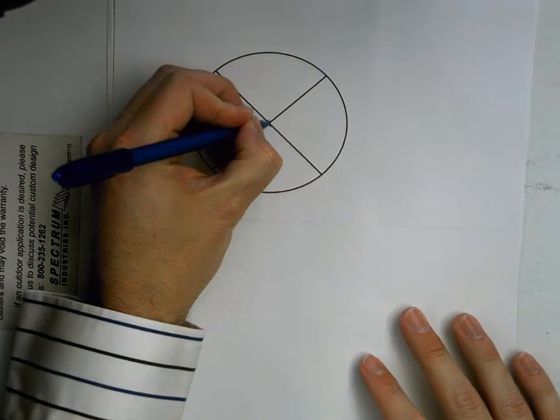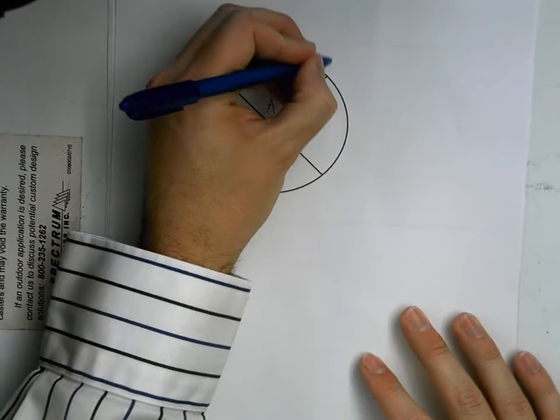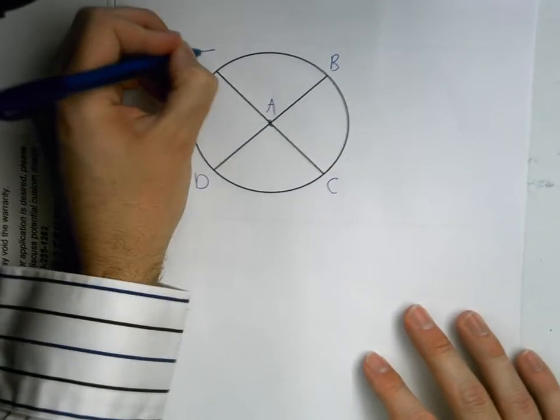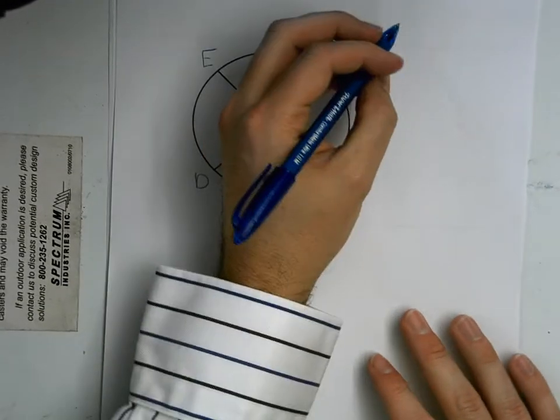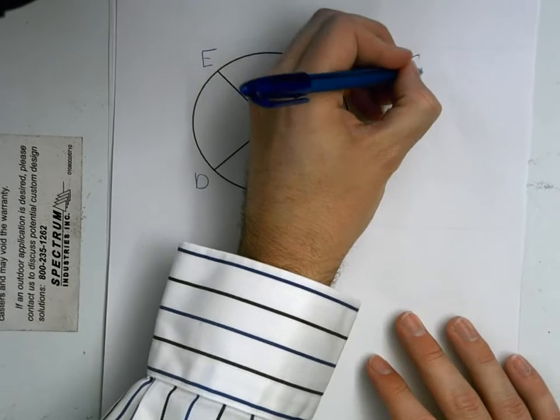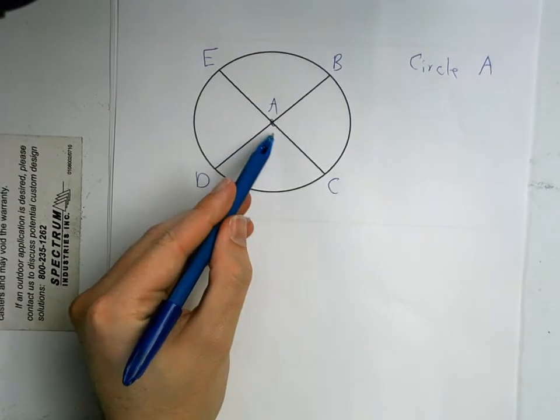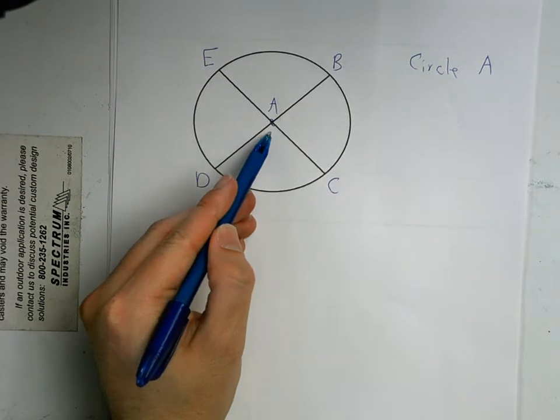Let's say I have A, B, C, D, and E. And we call this circle A. Okay, so this is circle A, because you always name a circle by its center point.